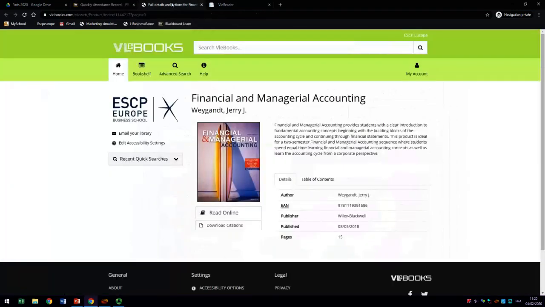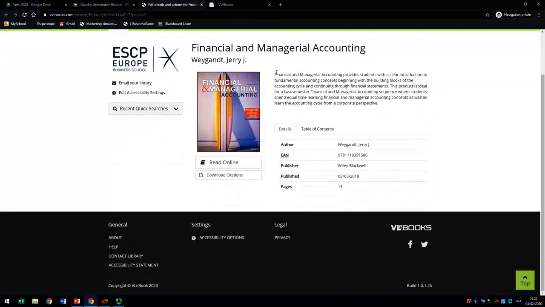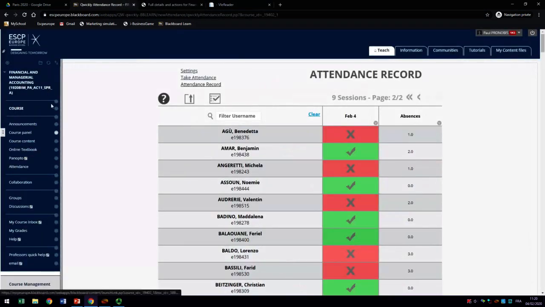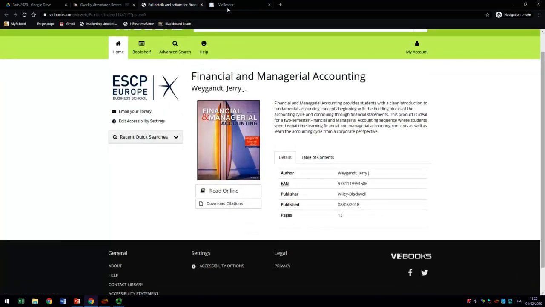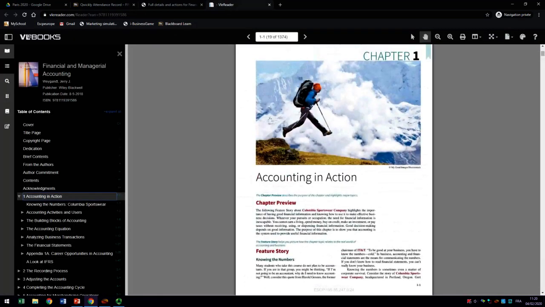Yeah, and just again a recommendation. If you feel you struggle, we have this online textbook, right? You can click on online textbook and it brings you to VL ebooks. You can log in with your ESCP account and then you have access to this book, right? And for our first part, financial accounting, the first 4 chapters are relevant.